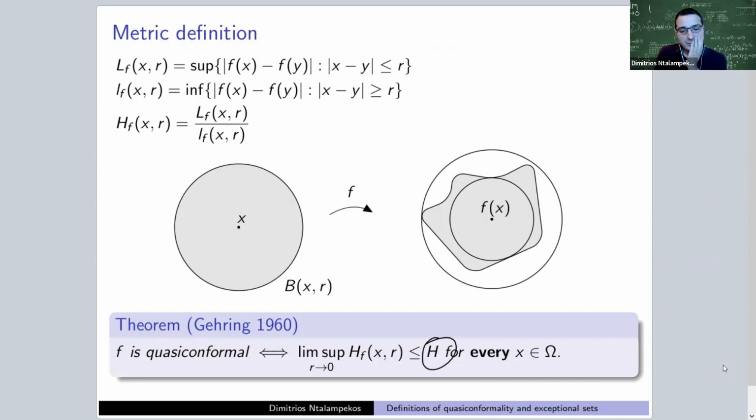But I think it's related by some exponential. So H is e to the K or something like this. But in the case that one of them is 1, then the other is also 1. So for conformality, the relation is nice, but for other numbers, it's not so nice.